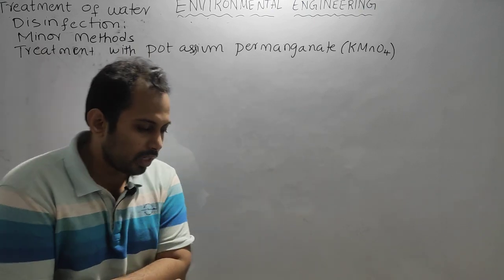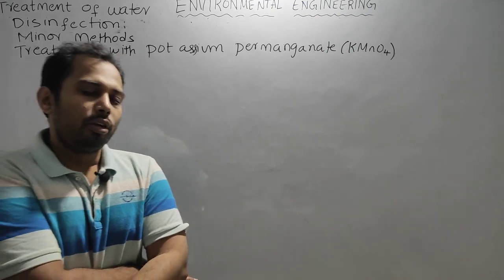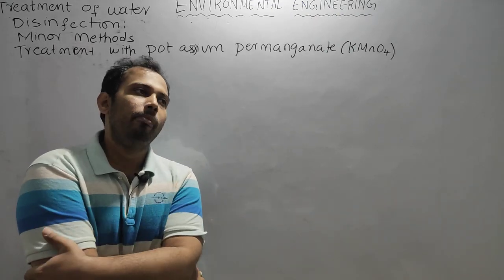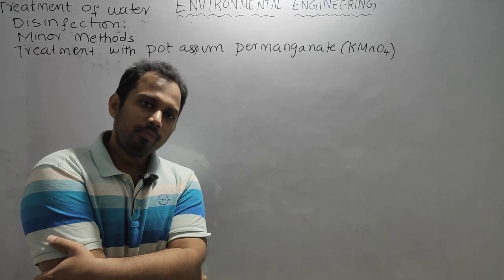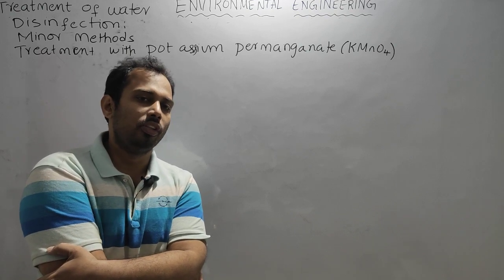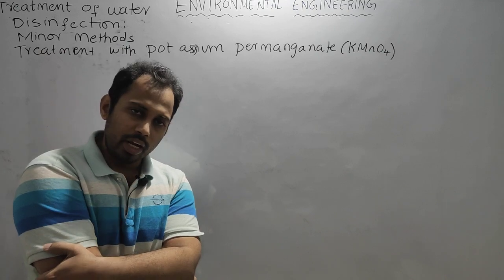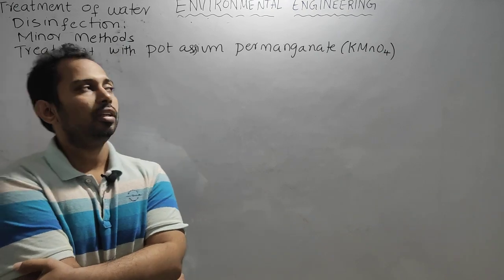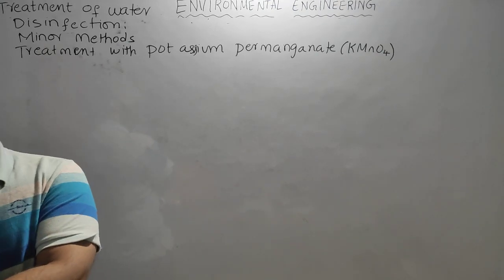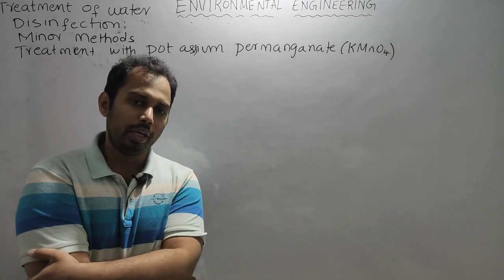But here the problem is KMnO4 is effective in killing the cholera causing bacteria, but it is not that effective in killing other kinds of microorganisms. Another problem is that we have manganese here, because of which the water turns pinkish.